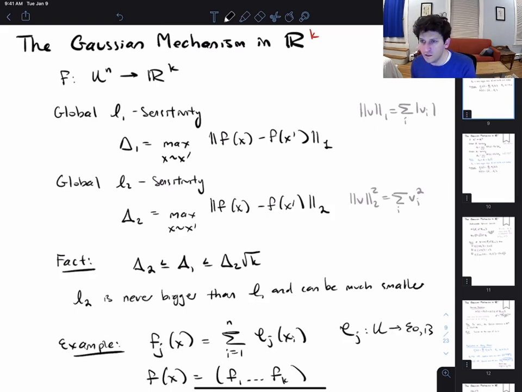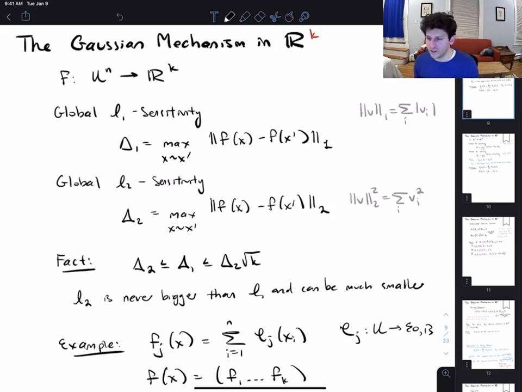So what we talked about in the last lecture is that the sensitivity of this f in L1 norm can be as large as k, because changing one point in the data set could change every entry of this vector by 1. But the sensitivity of this function in L2 can only be root k. So it can be smaller by a square root of k factor. Okay, so good. We have a different measure of sensitivity that can be smaller than L1.